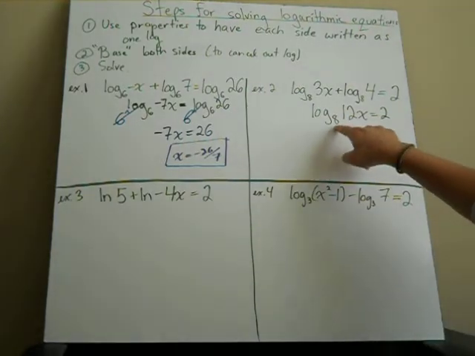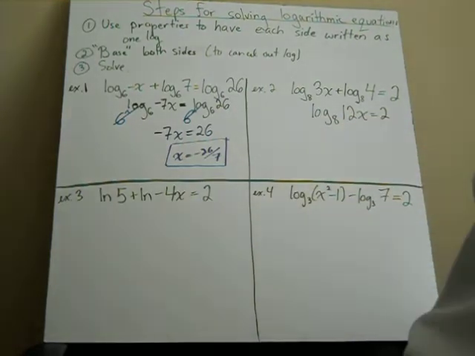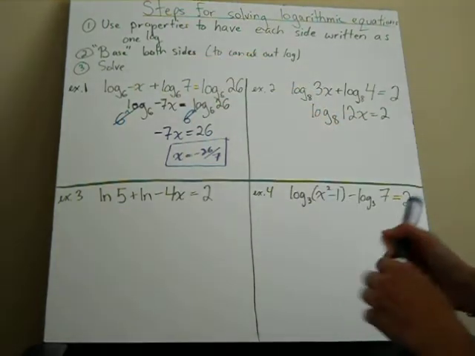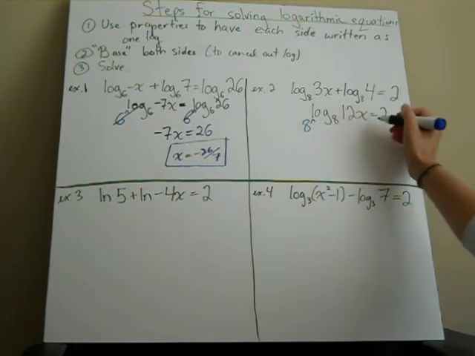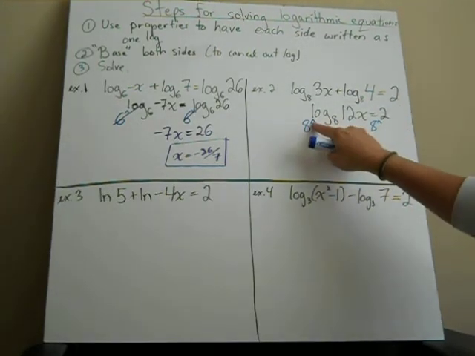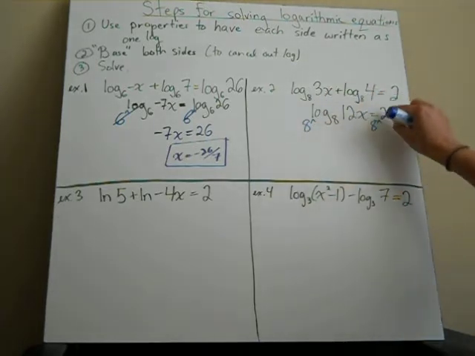Now, to get rid of that log base 8, because when you're trying to solve for x here, you're going to need to base both sides. And since our base is 8, that means we're going to base both sides 8. And just to be clear, I'm using the little caret hat thing to represent that this is now the exponent.